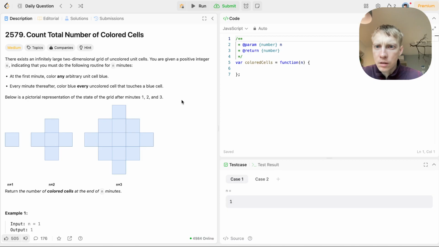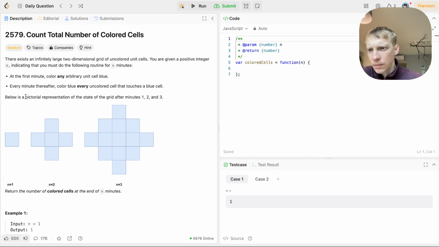You are given a positive integer n, indicating that you must do the following routine for n minutes. At first minute, color any arbitrary unit cell blue. Every minute thereafter, color blue every uncolored cell that touches a blue cell.